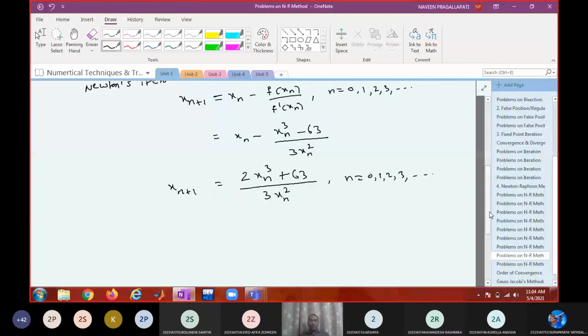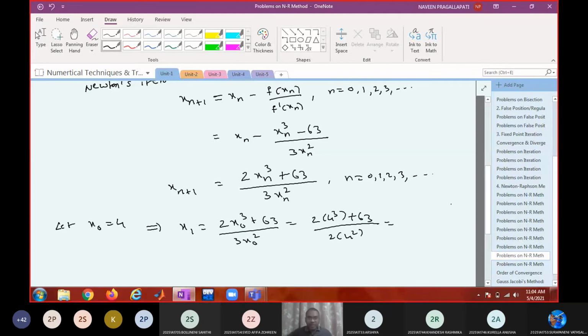Because we know 4 cube is 64, you may start with x naught equal to 4. So what will be x1? x1 is (2x0 cube plus 63) by 3x0 square, which is (2 into 4 cube plus 63) by (3 into 4 square). 4 square is 16.